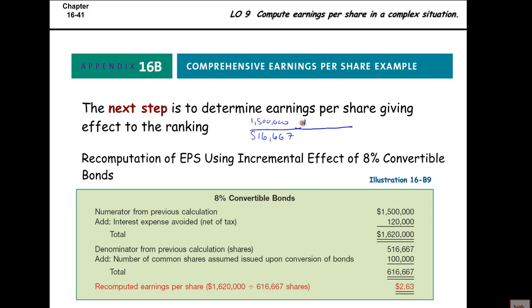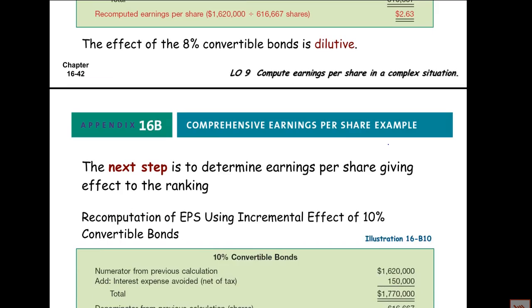And now what do we add? 120,000 and 100,000. And that's 2.63. And I know we need to keep going because $1.50 for the 10% bond, rank number 3, is less than 2.63.